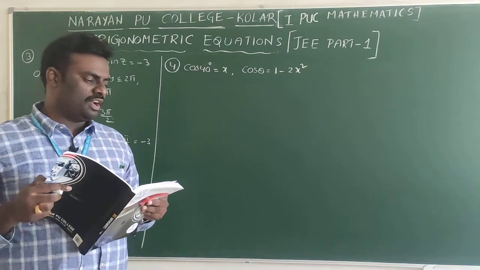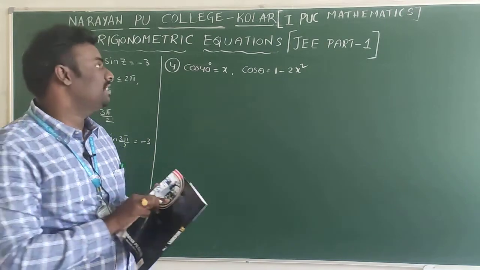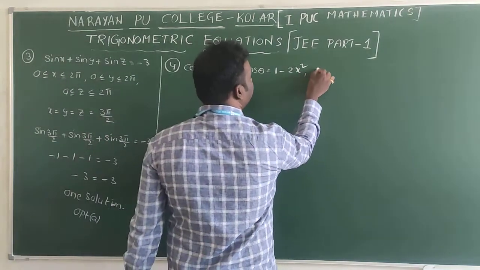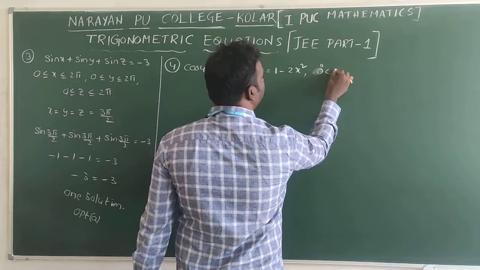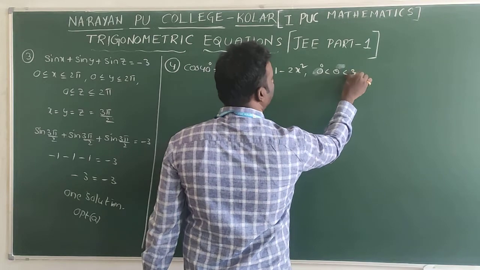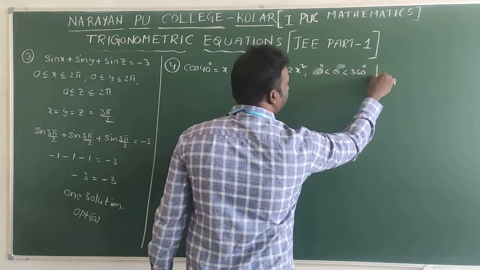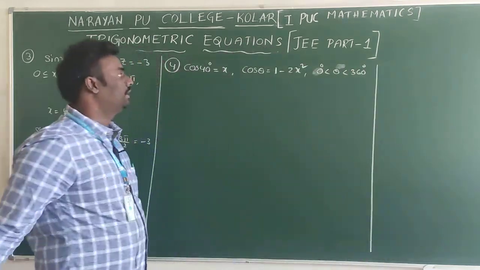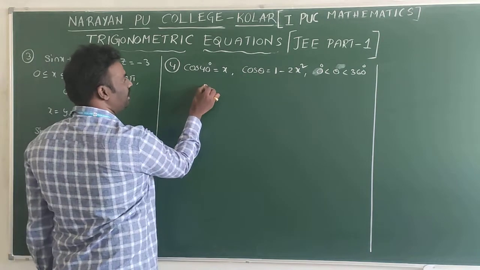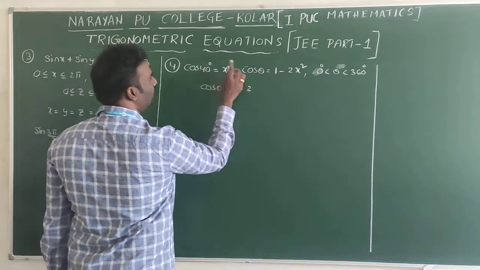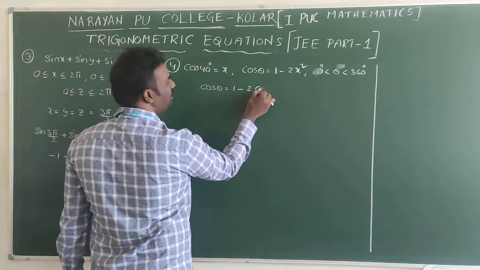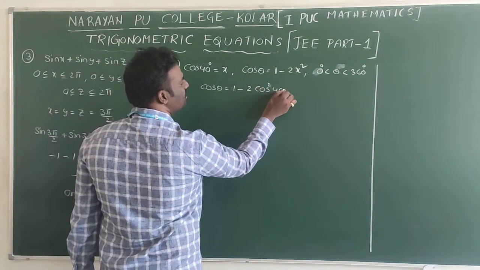Then find the possible values of theta lying between 0 to 360. Okay, now cos theta equals to 1 minus 2, x is nothing but cos 40, that is cos square 40.